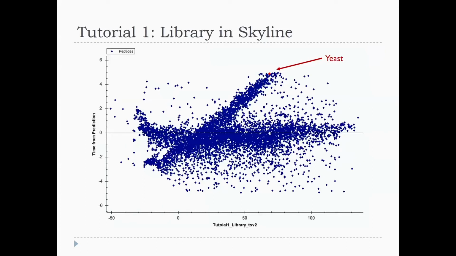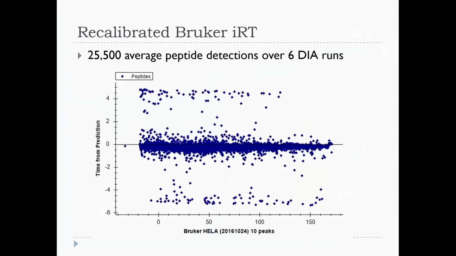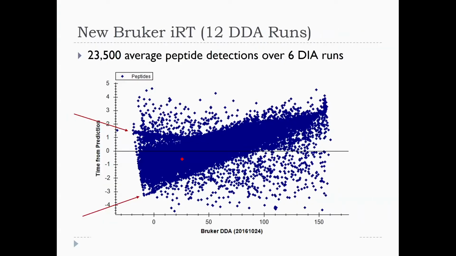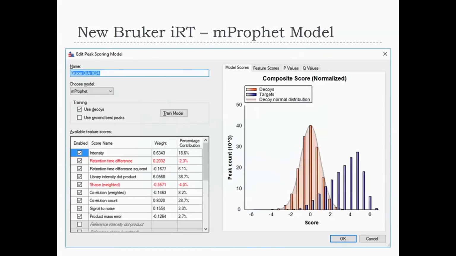The great thing about Skyline is you can just click on these points and it will pop up and show you what this thing is, and after you click on a bunch of these, you'll go, these are mostly yeast, which is actually how I found some of those. I showed you these tails too. Same thing. I just sat there and clicked on these and went, oh, these are mostly from this run.